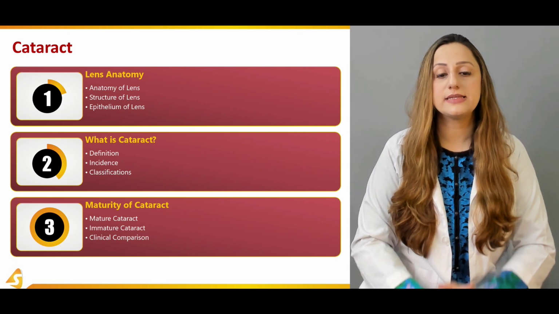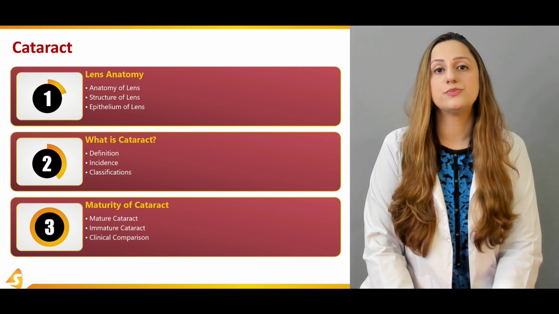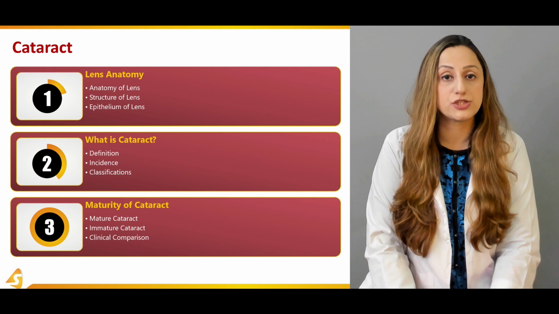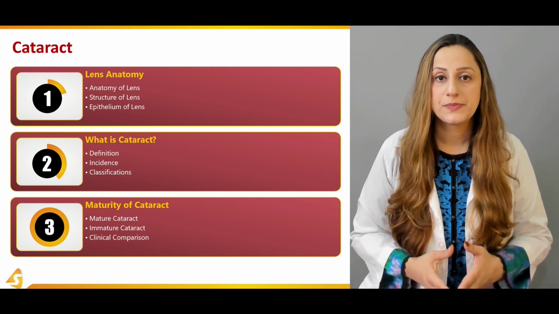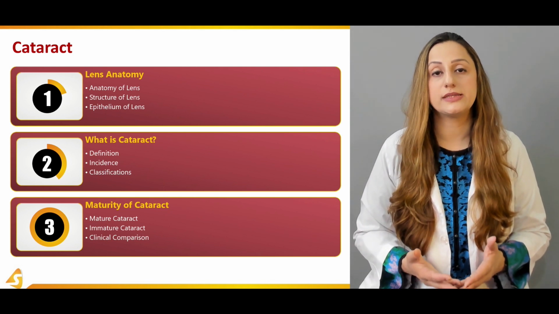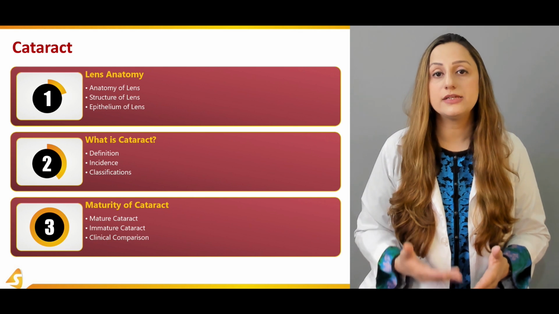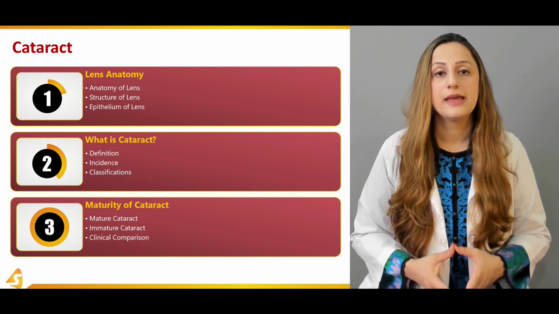In the third and final section, we'll be discussing the maturity of the cataract. Depending upon the maturity, there is another classification, and we'll be discussing that in the very third section. First of all, we'll be defining a mature cataract. What are the salient features of a mature cataract? We'll be discussing them over here.